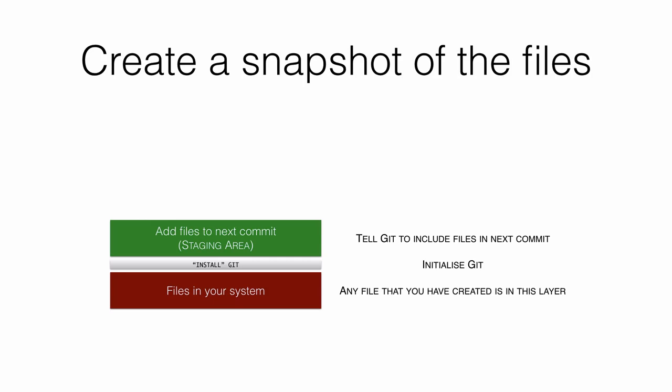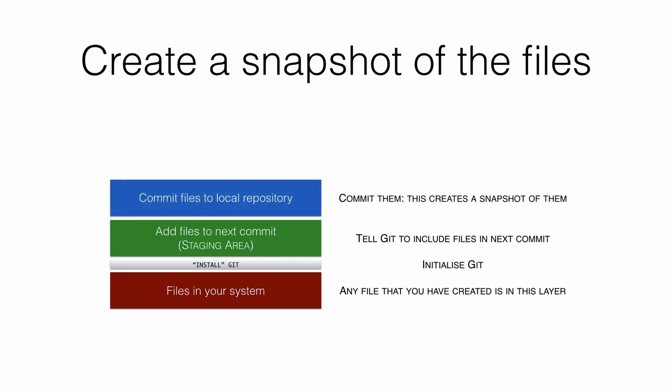You create a snapshot of the files. So what you do is you commit the files to the local repository, and this creates a snapshot of them. For example, if you create a simple Flask application and you add it to the staging area and you commit it, that saves that file in its current status.